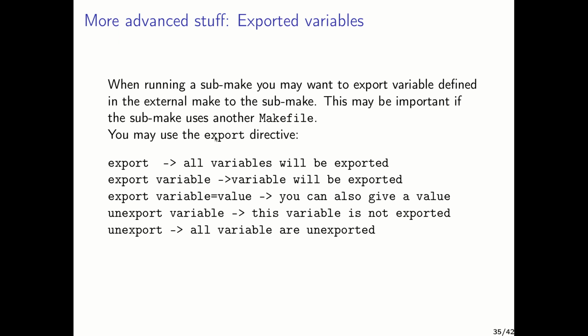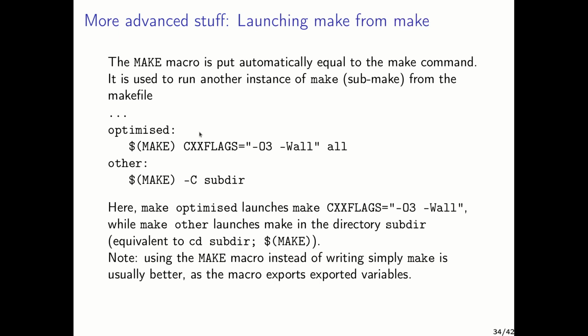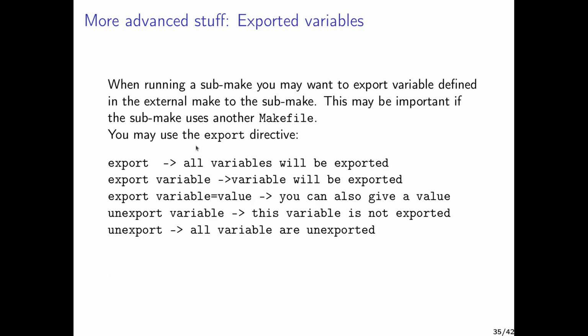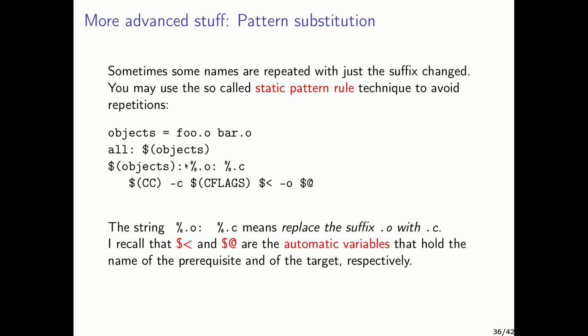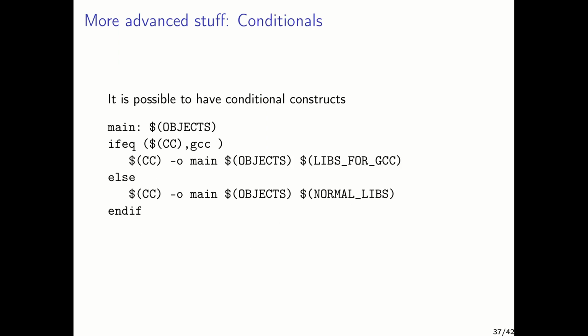When you launch another makefile, you may sometimes want to export some variables to the sub-makefile, and then you have to declare the variable explicitly with export variable, or you can say just export and all variables will be exported. This we have already seen, pattern substitution, so it's just a repetition actually.